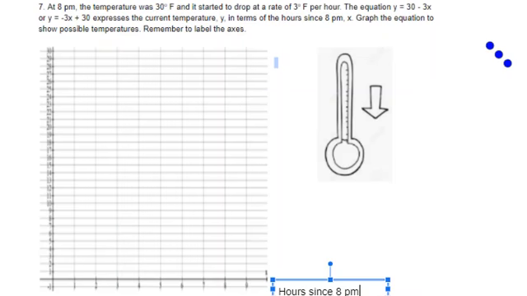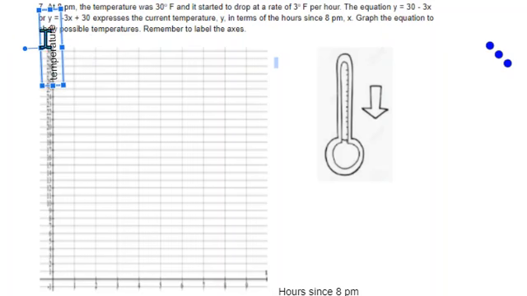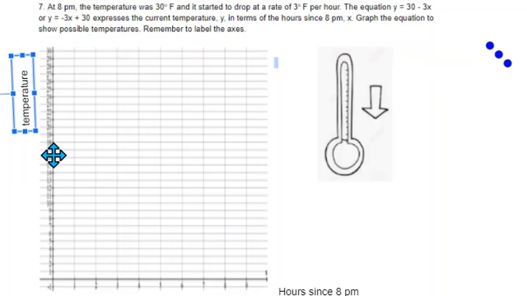So for the y, I need a text box that says temperature. Okay, so you can pause the video and do that on your slide.